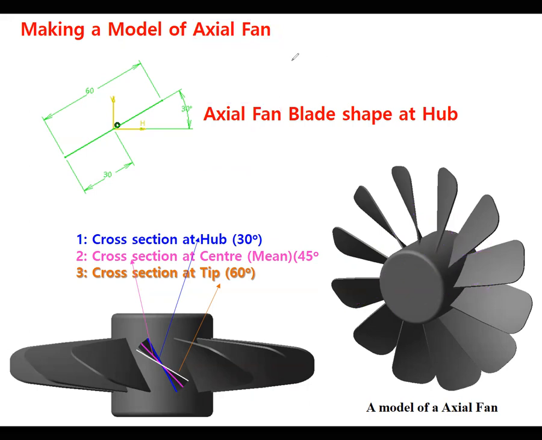The shape of the blades are like lines when we view from the top. Here one line, here another line, and here another line. These lines are not all in the same orientation. Suppose when we consider this one, it is at an angle of 30 degrees, and when we consider some other place, the angle may be different.